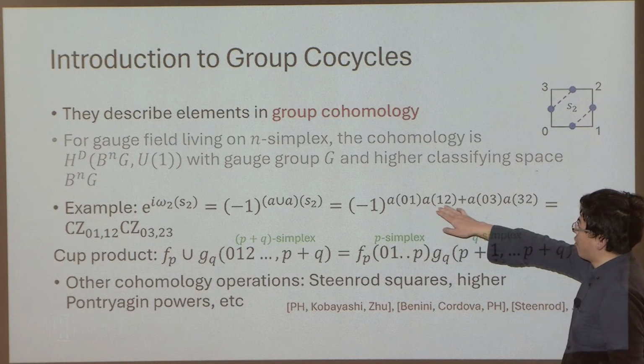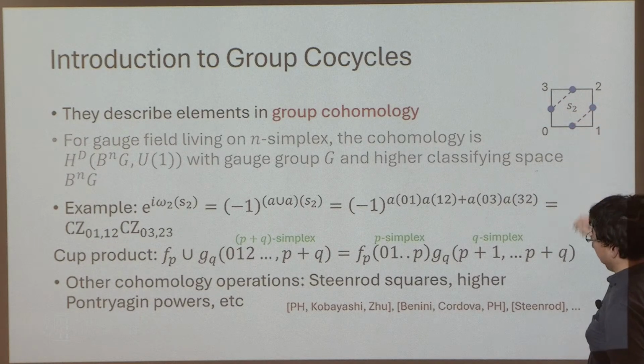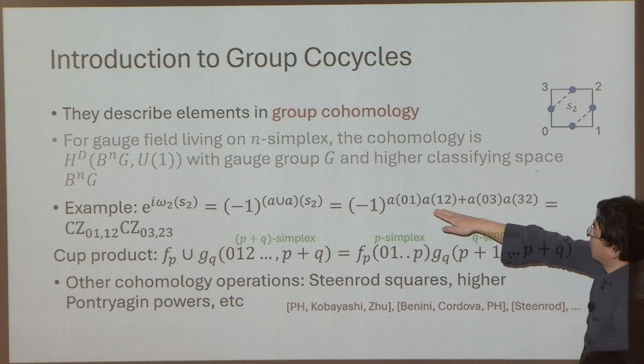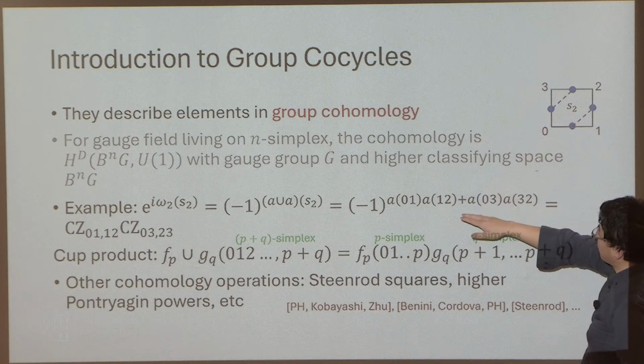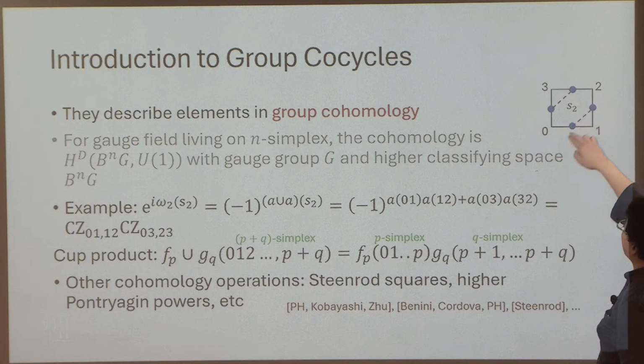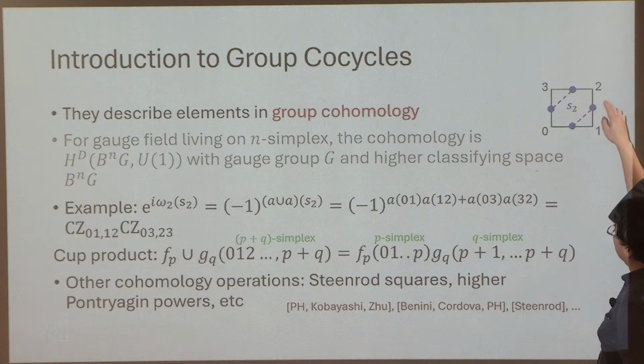It's a product of the gauge field living on the links that surround this plaquette. So for example, if you consider this particular plaquette, then the co-cycle is given by the product of gauge fields that trace along some path, not connecting the diagonal vertices, like from 0 to 2. So we can have one path going from 0, 1 to 1, 2, and also 0, 3 to 2, 3.